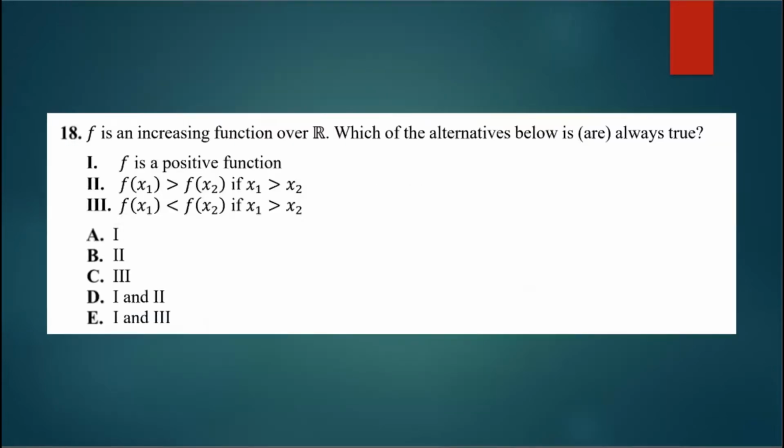Number 18. If f is an increasing function over R, what is the alternative below that is always true? f is positive, that's not always true, because most increasing functions like this have part of the function already negative here.